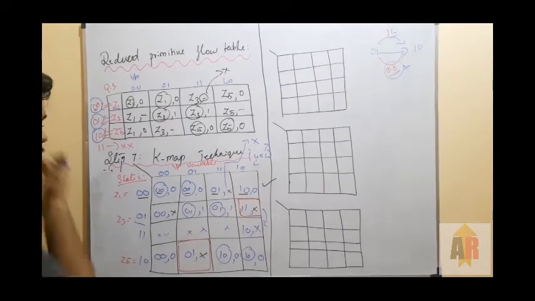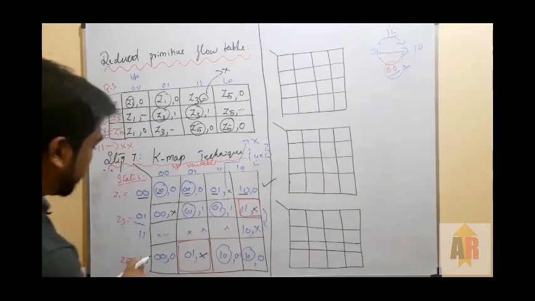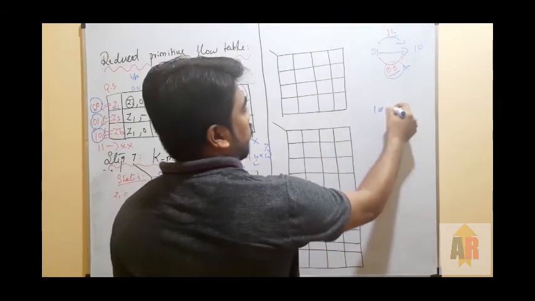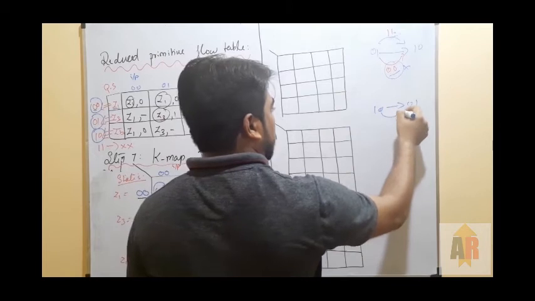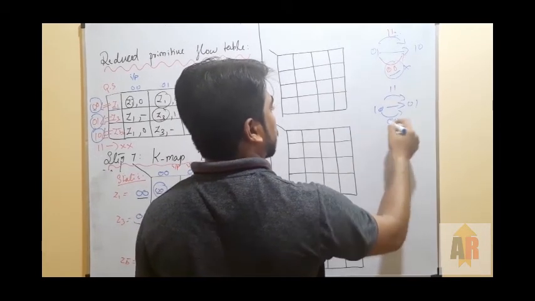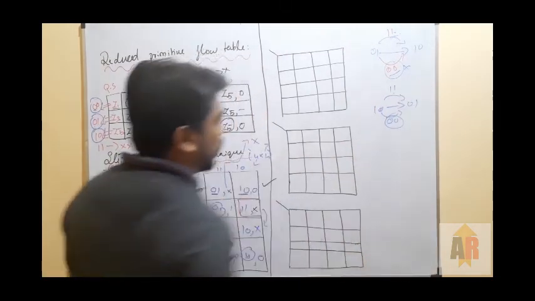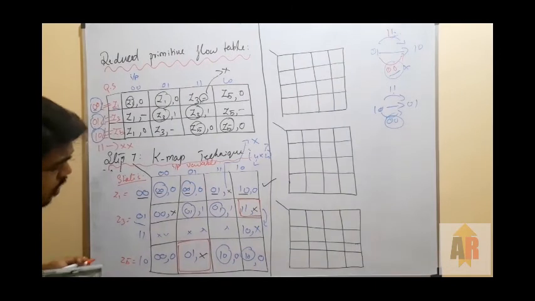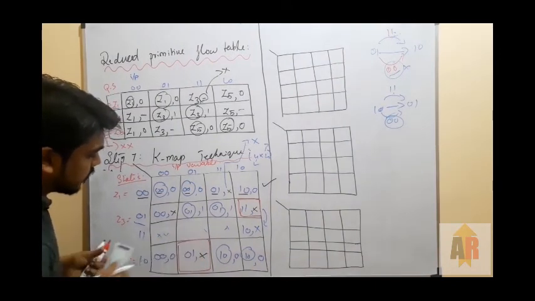I think you got an idea. Same thing if I apply it for this. Here it is 1 0. Now I can directly convert that to 0 1. So I should either choose 0 0 and move here, or 1 1 and move here. 0 0 I can't choose, it is a perfect state. So I will go on with 1 1, and just copy paste 1 1 over here.